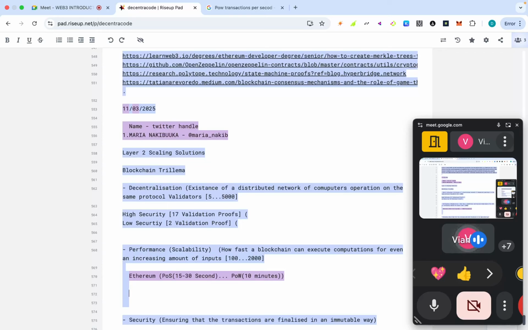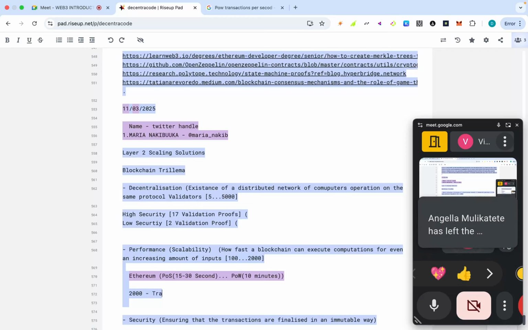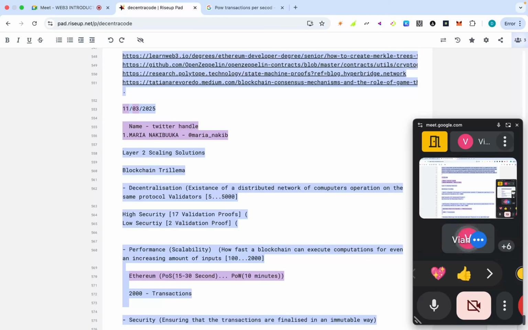For example, if we had maybe 2,000 transactions that are waiting to be processed, Ethereum may not be able to process all these transactions at the same time. So what then would it need to do?